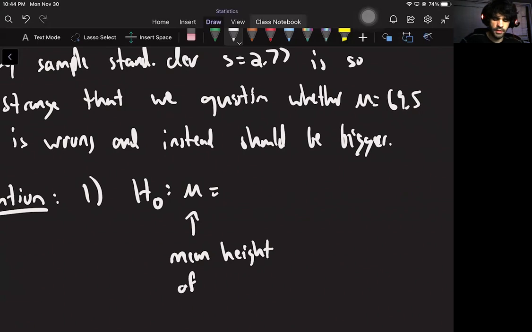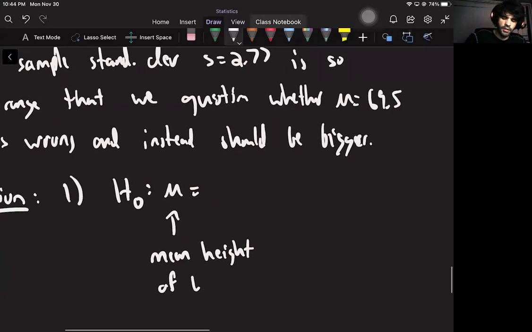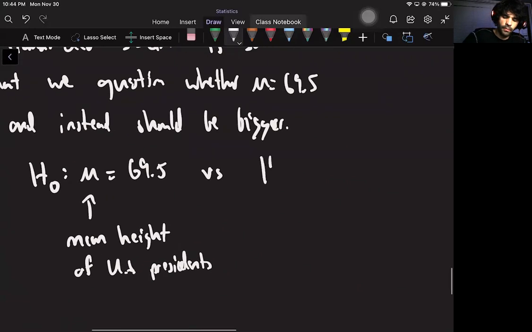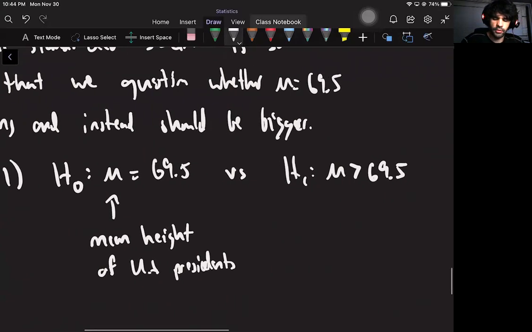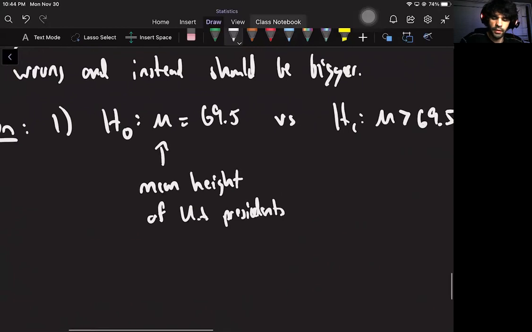So our null hypothesis is that the mean height of US presidents, that's what this mu is standing for, is 69.5, versus our alternative is that no, actually it's bigger, that it's taller. It's bigger because they're taller on average. And we're seeing if our sample is enough evidence to suggest that.